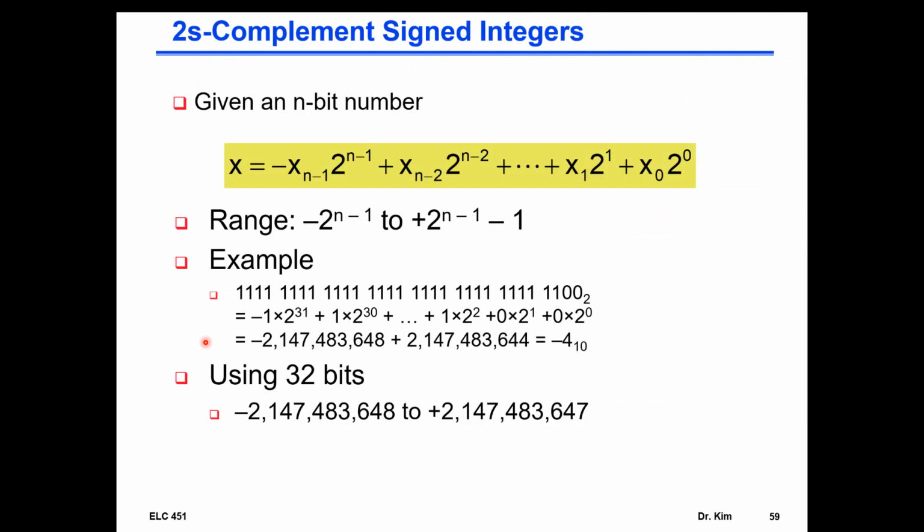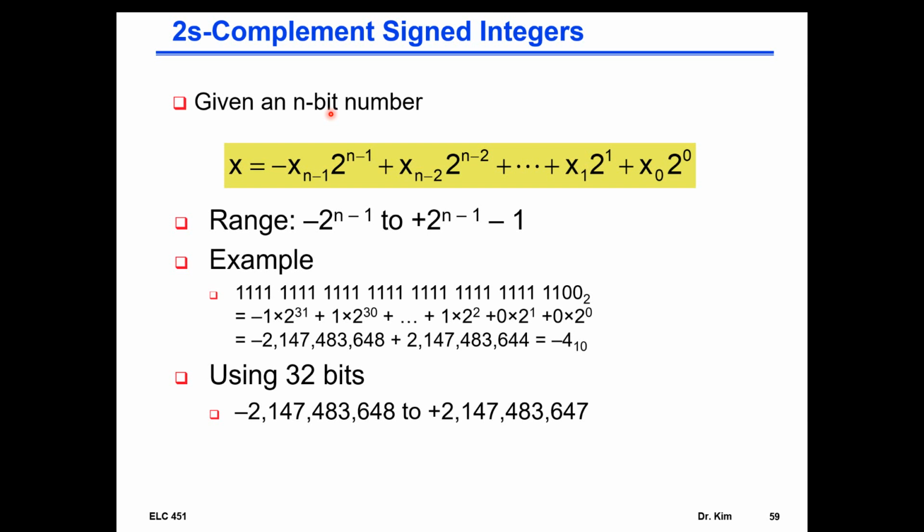So the mathematical representation of 2's complement signed integers is the same as the unsigned. You have the value of the bit times 2 raised to the power of the bit position, starting with the least significant bit on the right. So the bit position starts at 0 and goes all the way to n-1 for an n-bit number.